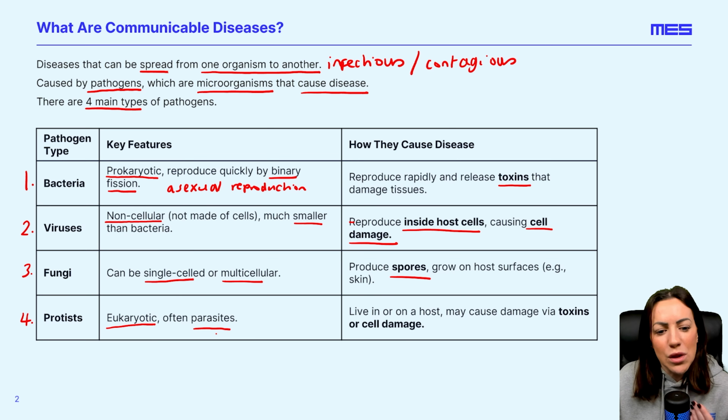The example that you will need to know about for GCSE is the protist that causes malaria, which we'll talk about later. So they live in or on a host, and they may cause damage via toxins, so producing poisons, or they may damage your cells. So make sure you can name the 4 types of pathogen.